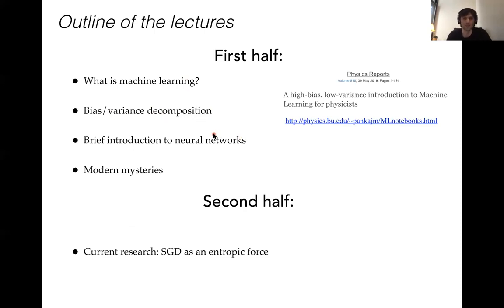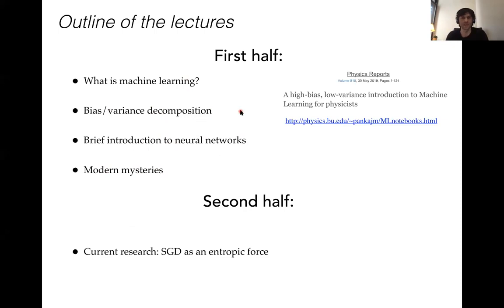I'll give you another brief introduction to neural networks, similar to what Tankut did a bit earlier, and then I'll give you some modern mysteries that might make you question what you think you know, or what I just told you in the previous minutes, about how modern models work.